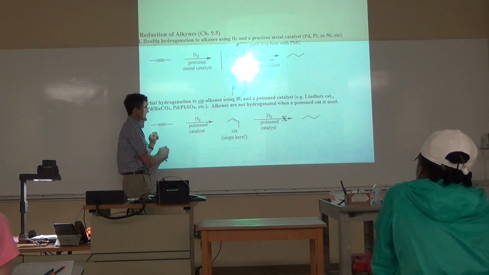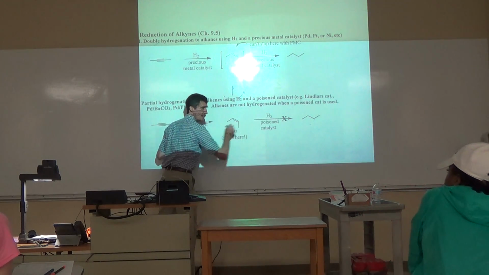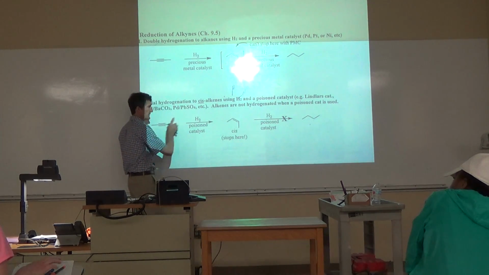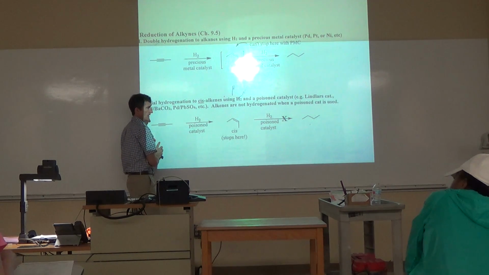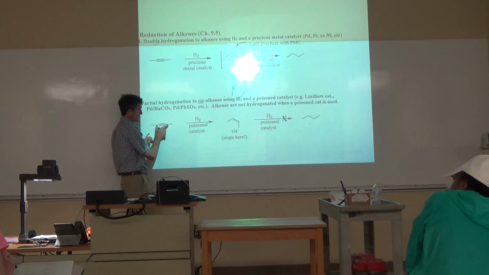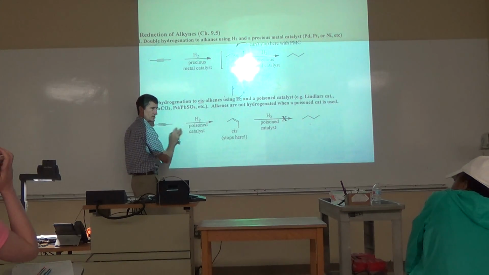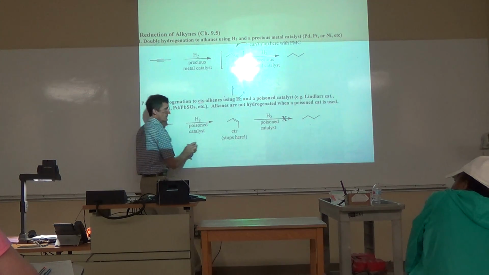That sort of implies that this is easier than that. The easier one still works, the more difficult one does not. Why might this be easier? Well, we could look at the pi bond strengths, and we haven't really looked at that before, and I'm not really prepared to tell you. It may mean that when you have two pi bonds, they're weaker pi bonds and they're more easily hydrogenated, and thus a poison catalyst will still do this, but over here it will not.